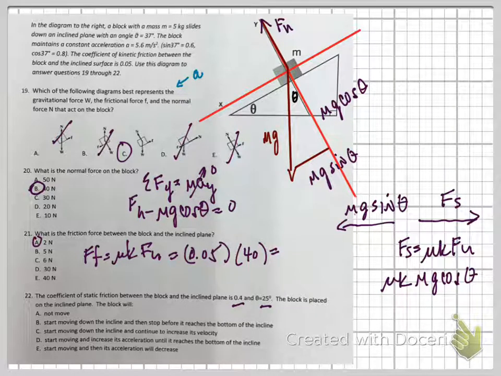And mu s they give us is 0.4, times 5 times 10 times cosine of 25 degrees.